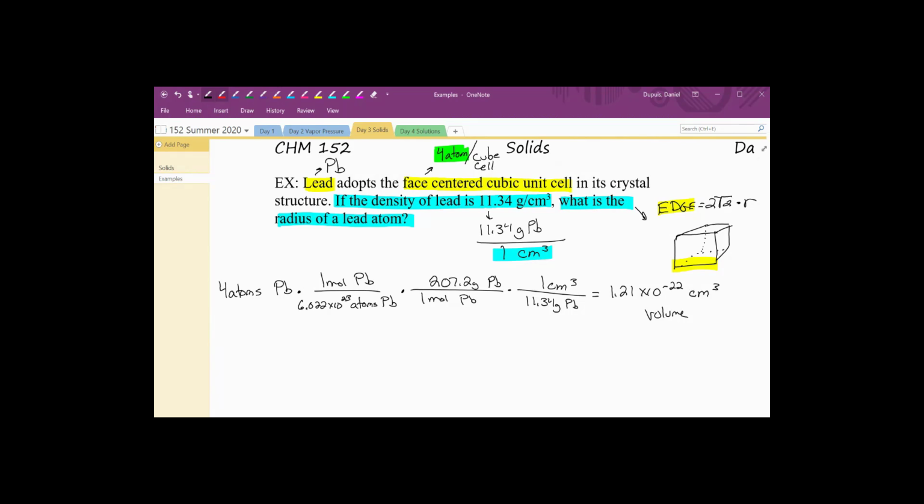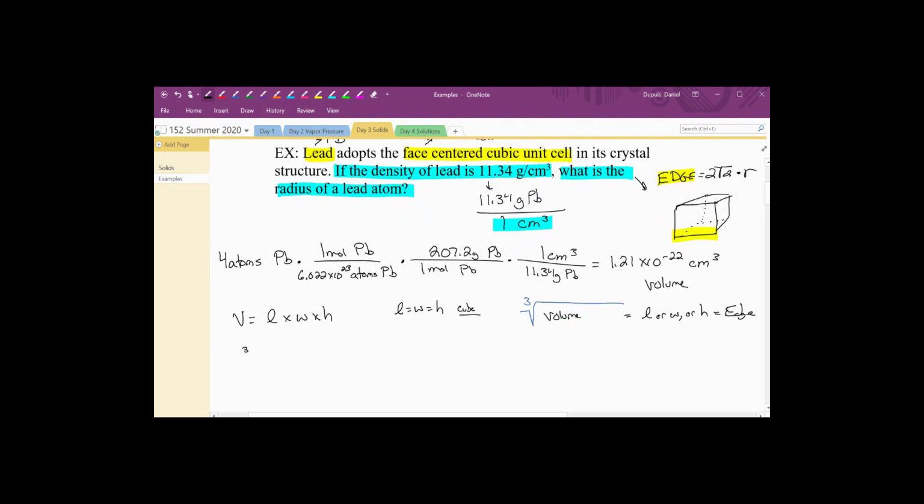So then, I know that the volume is length times width times height. And we know that the length equals the width equals the height, because it's a cube. So I have to take the cube root of the volume. That gives me the length or the width or the height, which we call the edge.